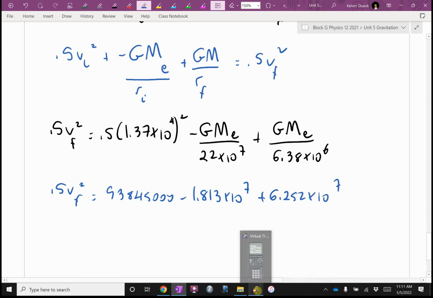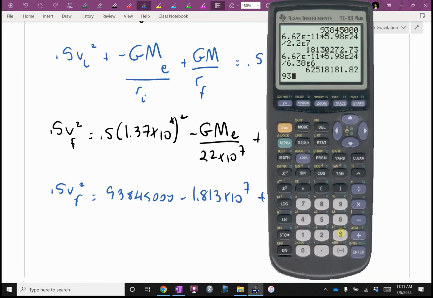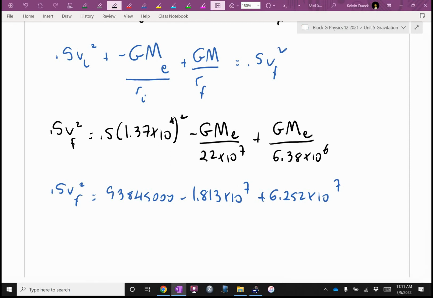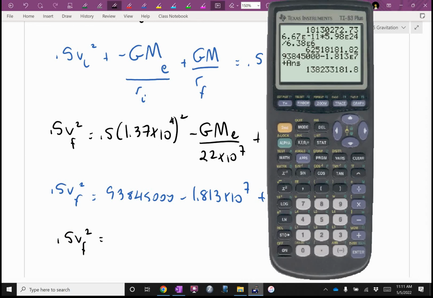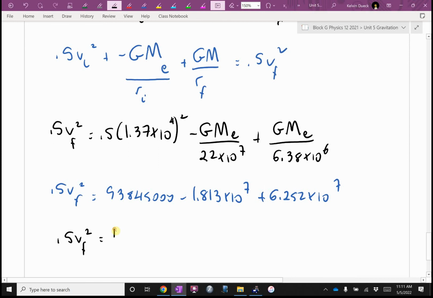And now I'm going to add all these together. So I have 93845 minus 1.813 scientific notation button 7 plus answer button. I get 0.5 V final squared equals 1.38 times 10 to the 8th.